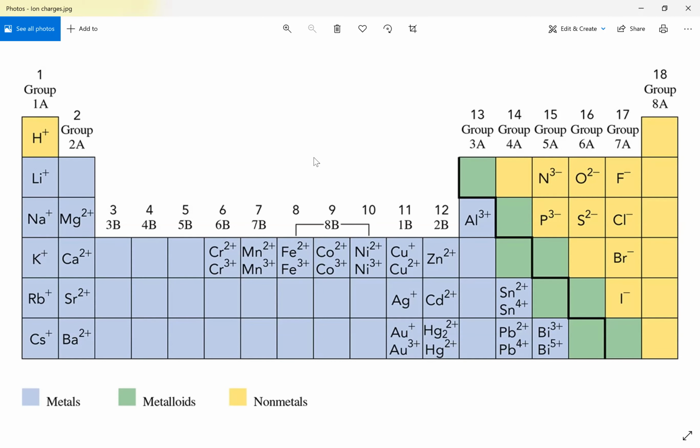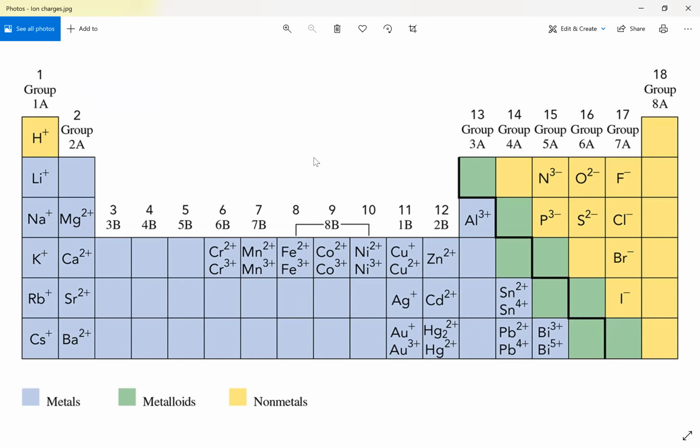Cd, cadmium, is another one which belongs to the transition elements. However, it will always form +2. And the one before that, Ag+, silver, is also another transition element which always forms a +1 charge. So these are the 3 exceptions across the transition elements.